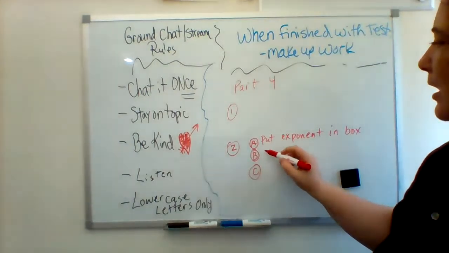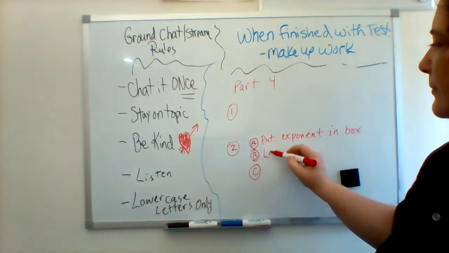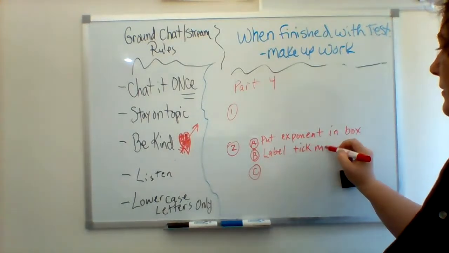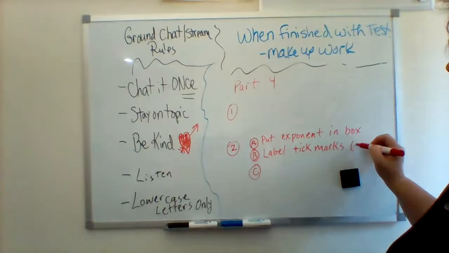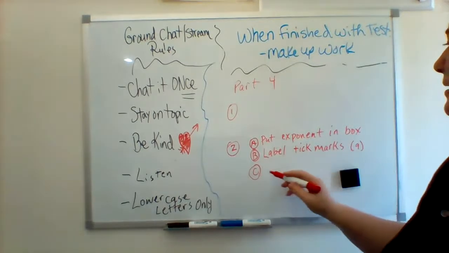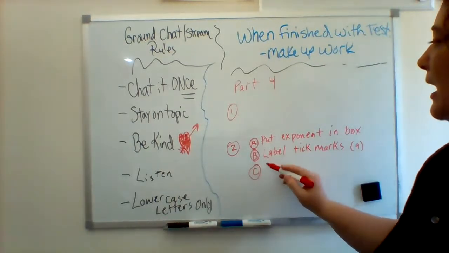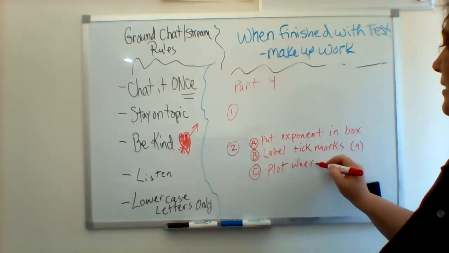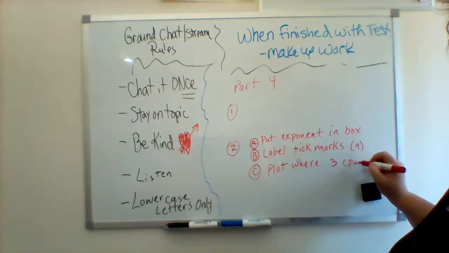You have to label each tick mark. I believe there's 9. And then the box is the 10th one because there's 0. And then you have to actually plot where 3 countries go on the number line.